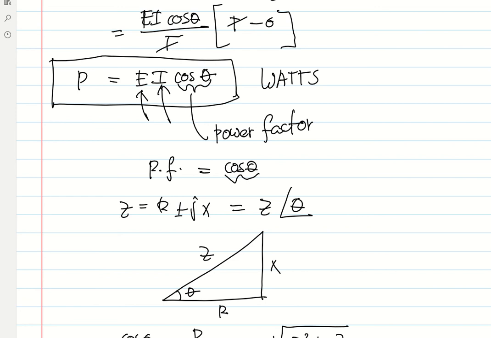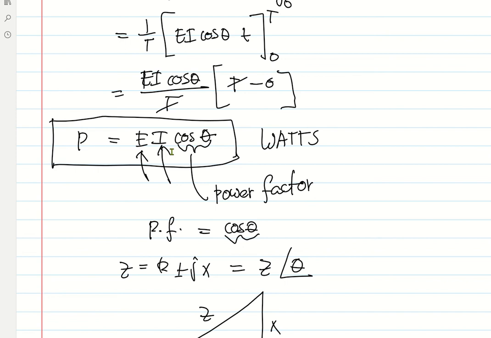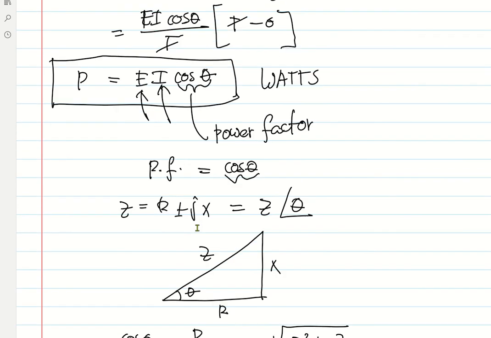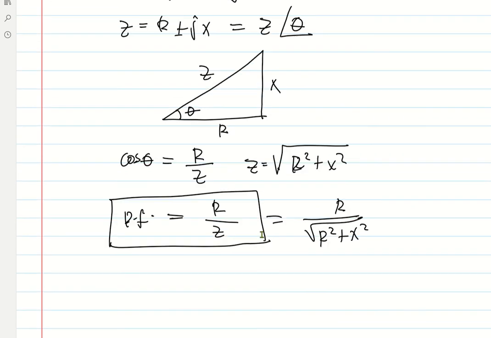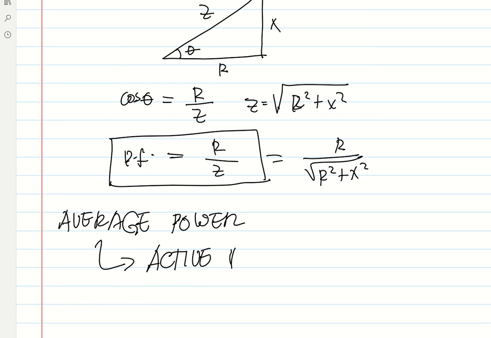So this is our average power and instantaneous power. And we will also define this average power with another term. Instead of calling it average power, we usually name it the active power, or true power, or we also call it the real power.